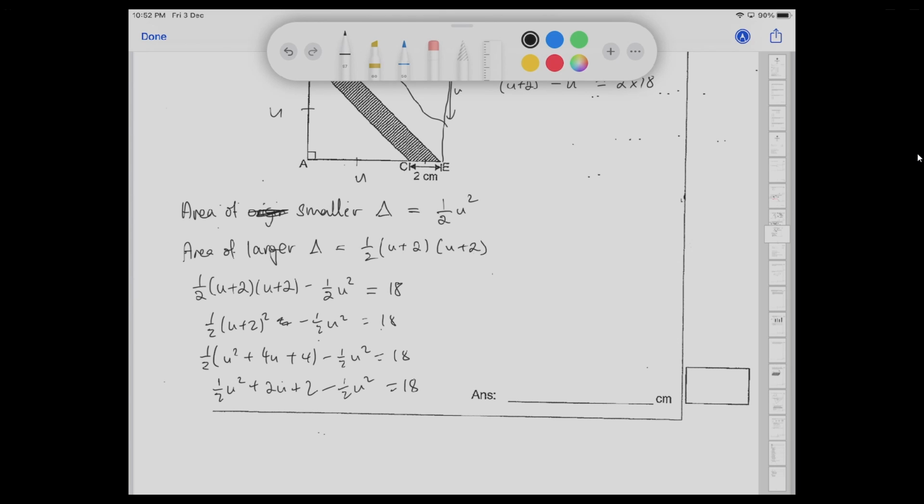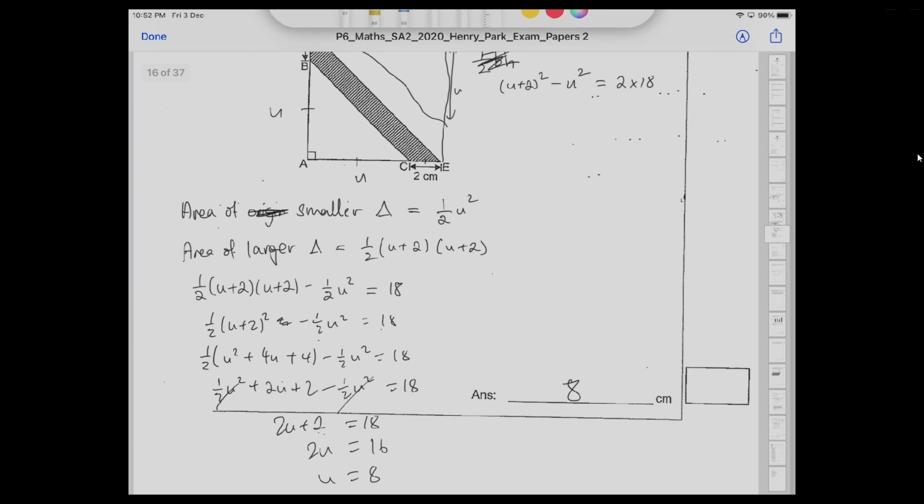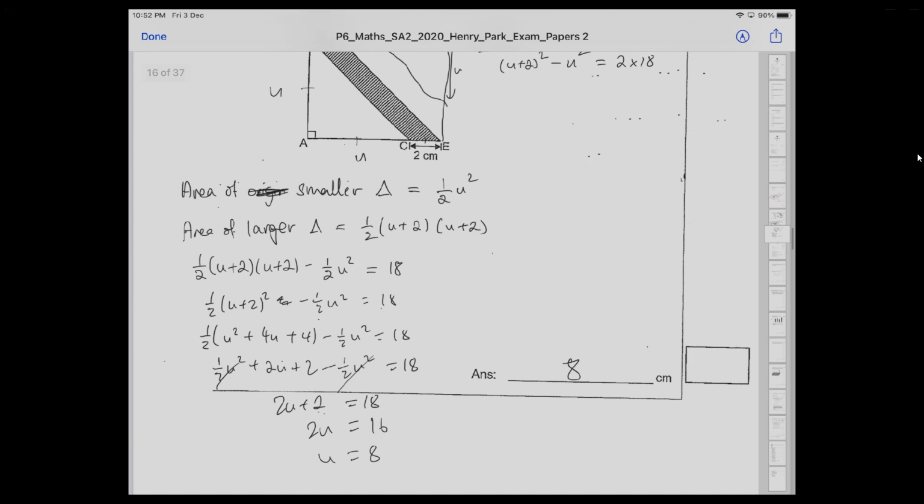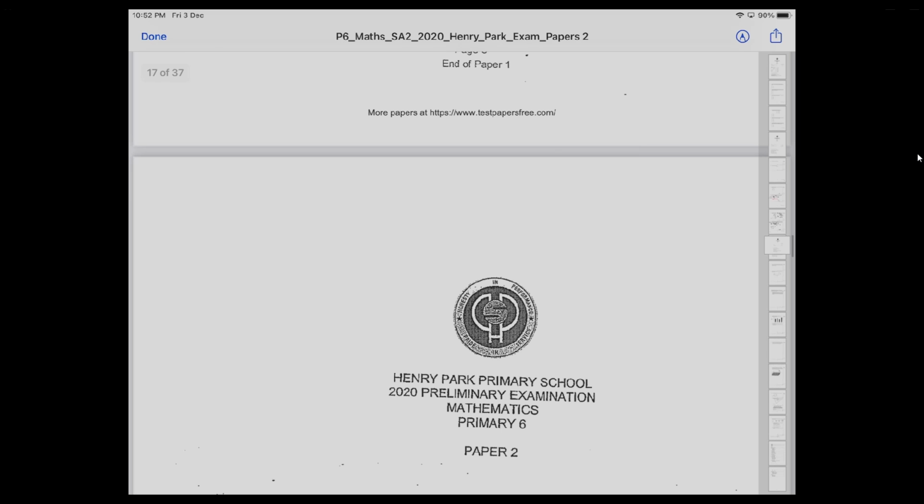Sorry, you can solve this with a primary school level technique. These just cancel out. 2U plus 2 equals 18. 2U equals 16. U equals 8. Bam! 8 cm. And we have completed this practice paper for today.